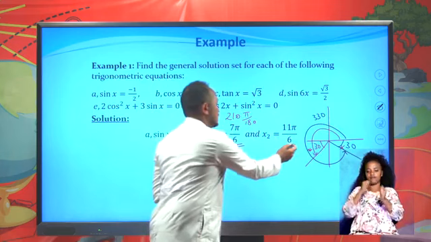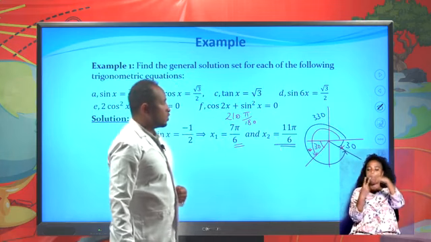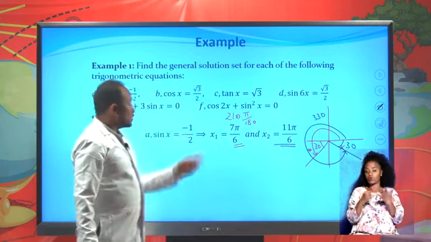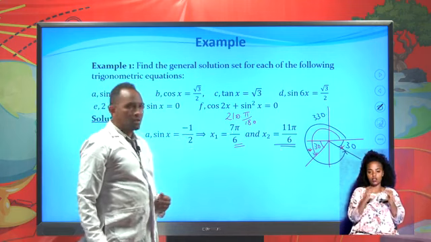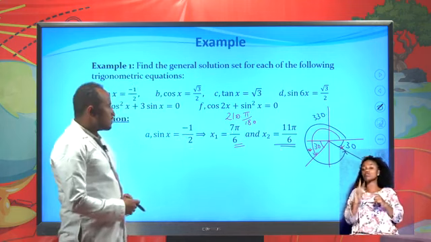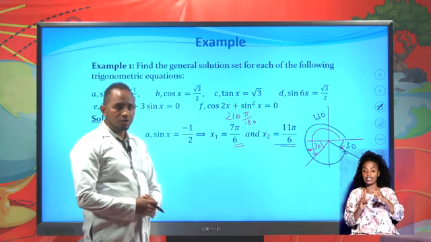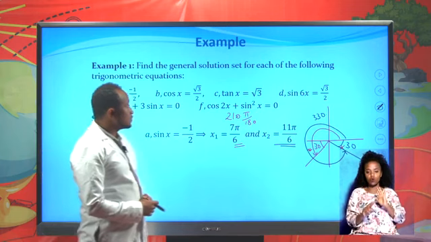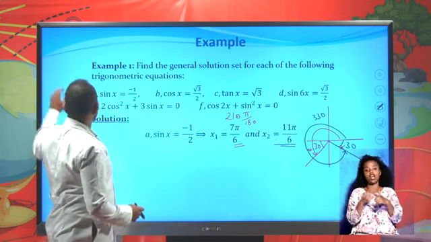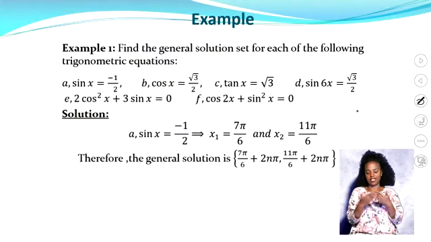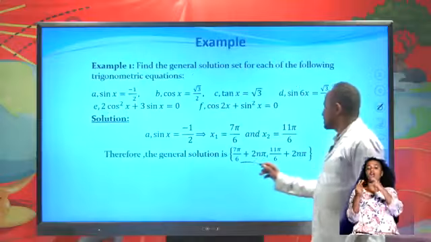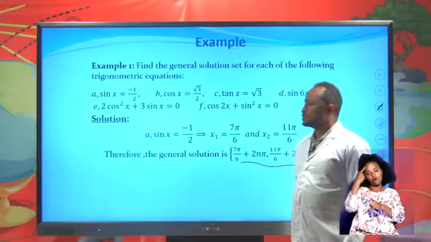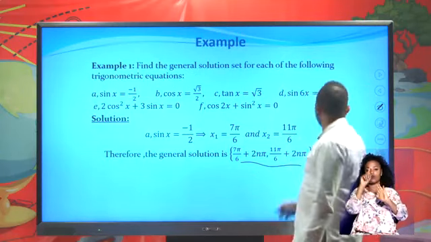You will have 11 pi over 6. So these two, x1 is equal to 7 pi over 6 and x2 is equal to 11 pi over 6, are particular solutions for sine x equals to negative 1 over 2 on the interval 0 to 2 pi. Therefore, the general solution will be simply 7 pi over 6 plus a multiple of 2 pi, comma, 11 pi over 6 plus a multiple of 2 pi, it is 2n pi. So this will be the general solution for sine x equals to negative 1 over 2.